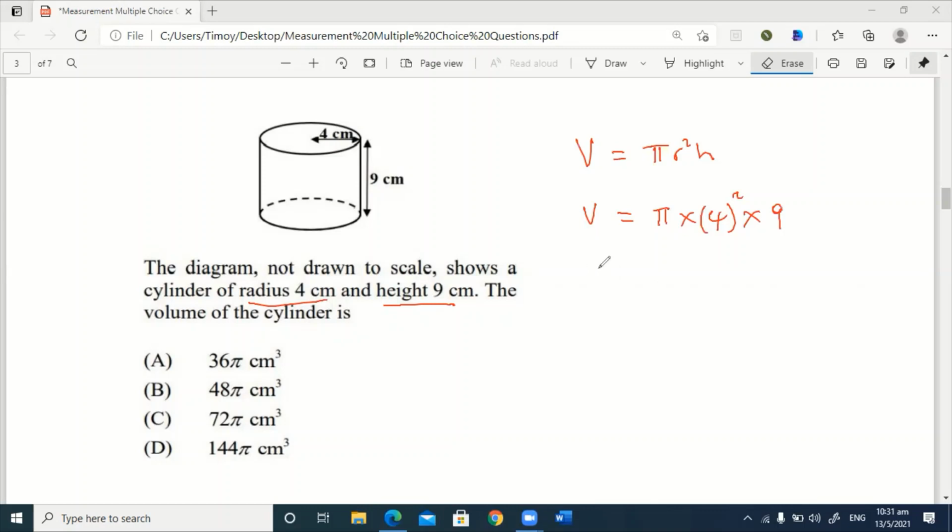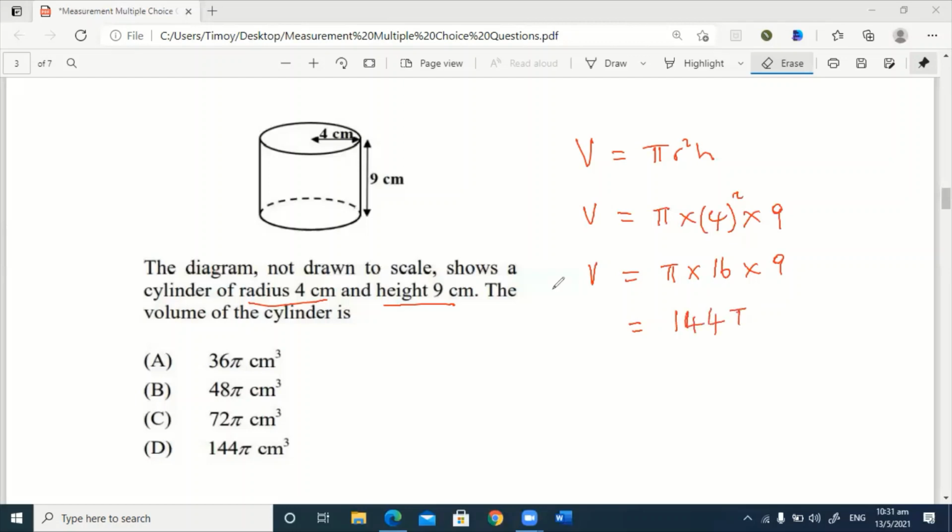All you need to do is to simplify this and you're finished. So it's going to be pi times, what's 4 squared? 4 squared is just going to be 16 times 9, right? And what's 16 times 9? That's just going to be 144 times pi. That's going to be 144 pi.